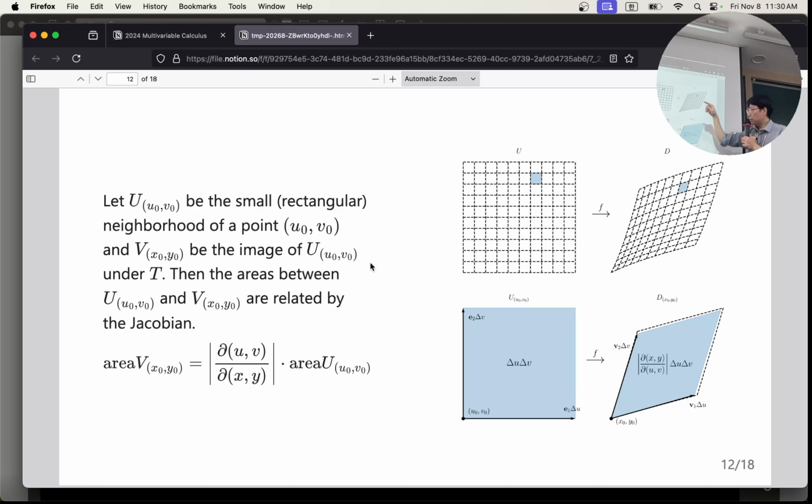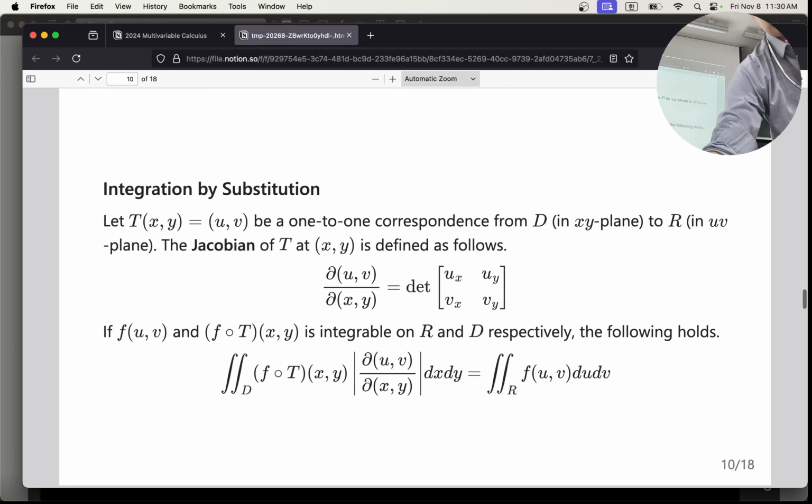I said it's the xy to uv plane, but here I changed the notation, so maybe you get confused. Assuming that the left-hand side is xy and the right-hand side is the uv plane, this is your domain D, and this is your domain R. So T is from D to R. D is the xy plane. R is the uv plane.